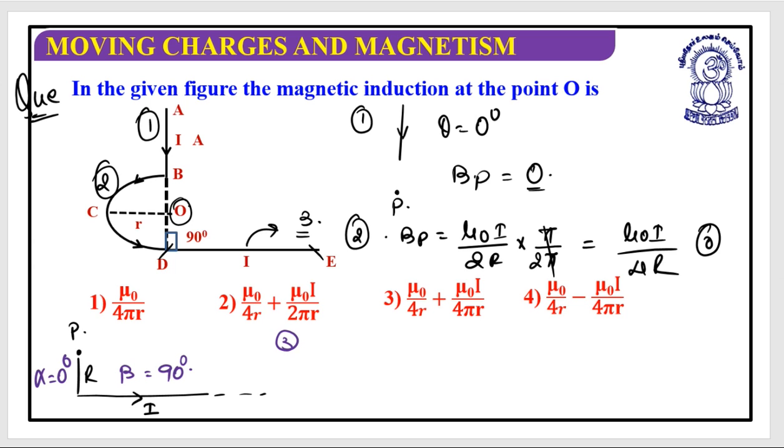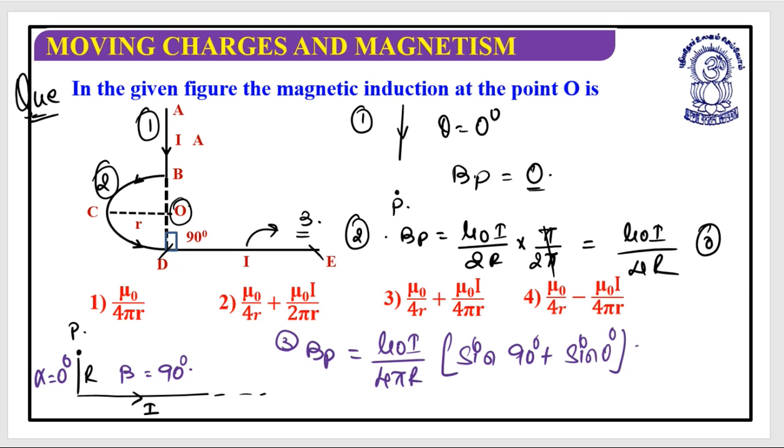So for the third segment, the magnetic field at P is mu naught I by 4 pi r multiplied by sine of 90 degrees plus sine of 0 degrees. This is 1, this is 0, so that would be mu naught I by 4 pi r. Correct? Great.